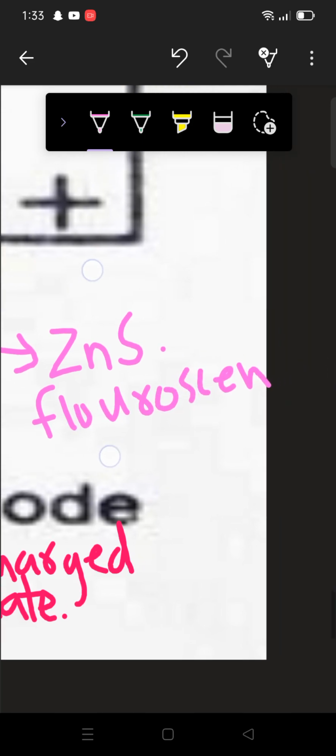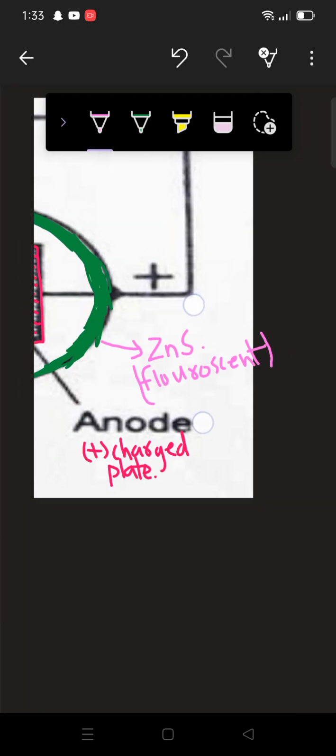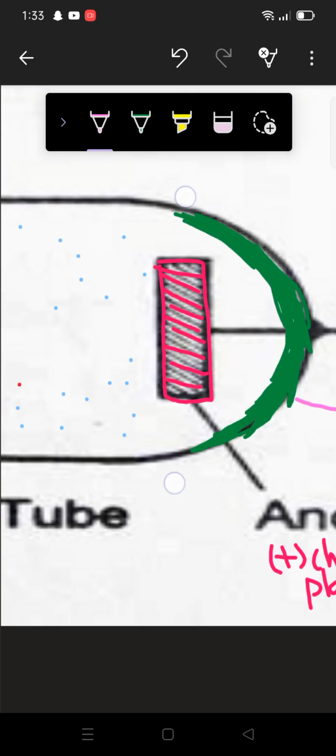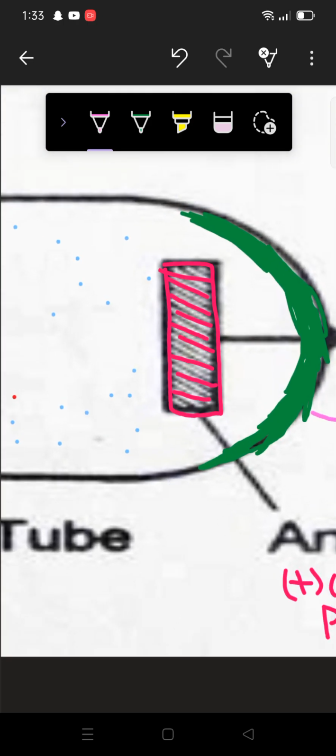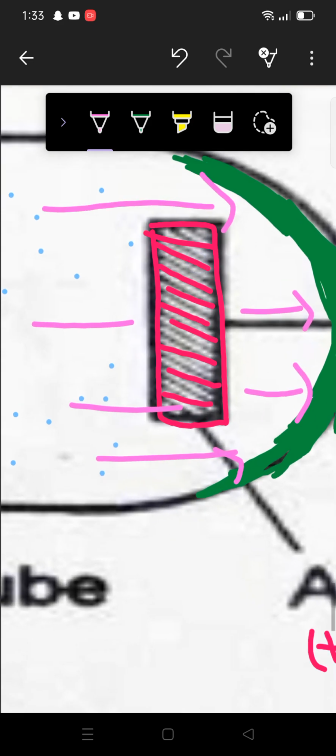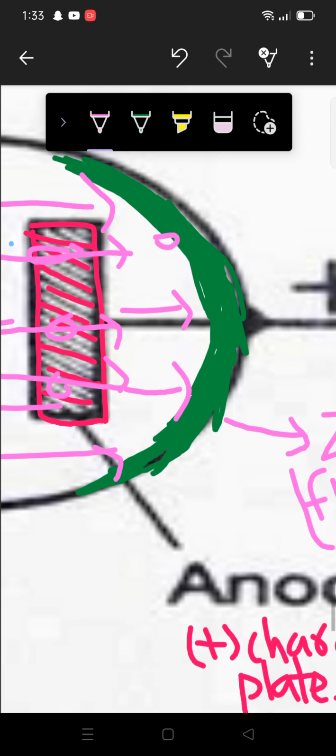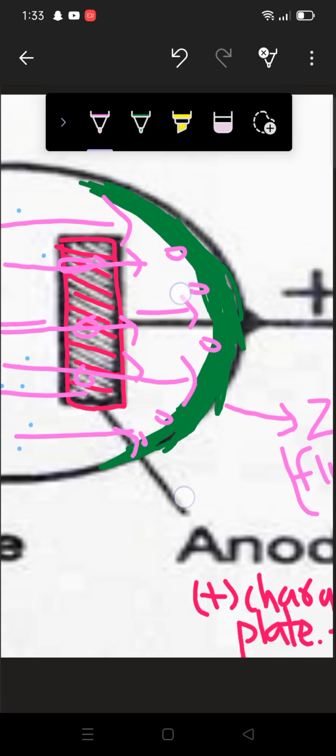So when the coming ray or the coming particle hit the surface of this plate, which was like a perforated anode, it was passing through since it was perforated. There were particles hitting this plate and this plate got glow.